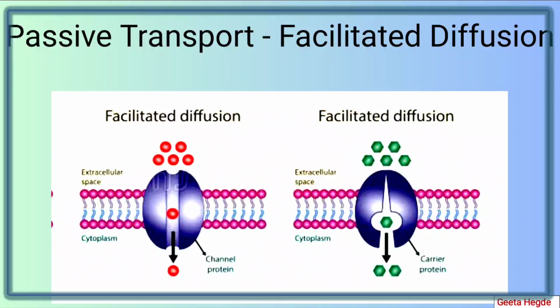An example of carrier protein type of facilitated diffusion is the glucose transporter. Now what is the glucose transporter? A specific type of carrier protein is GLUT, G-L-U-T, which facilitates the uptake of glucose into the cells by binding glucose on one side of the membrane, undergoing a conformational change and then releasing the glucose on the other side.